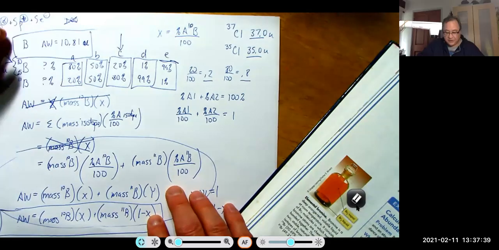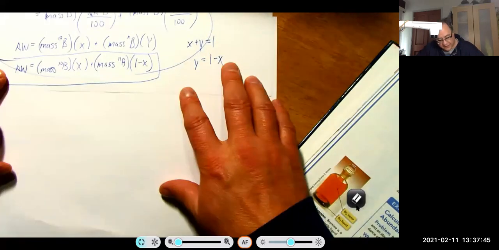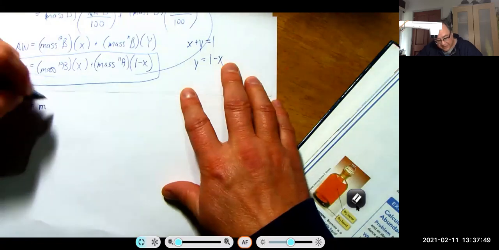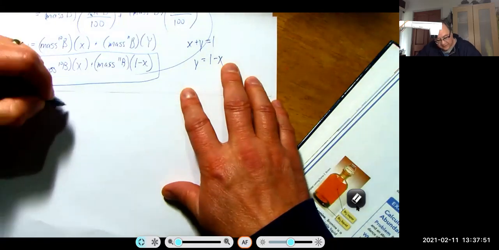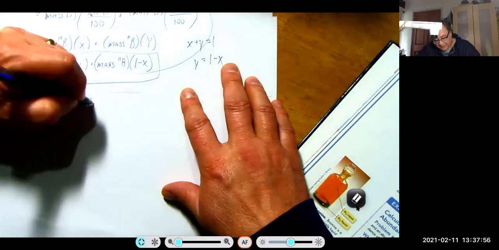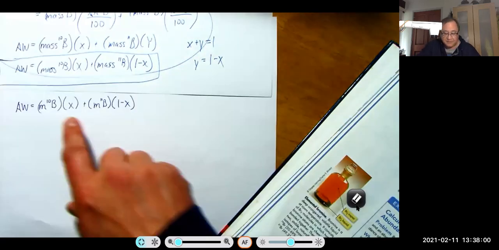So if you plug those numbers in, and we're not going to do that quite yet. We get the atomic weight is the mass of boron 10 times X plus the mass of boron 11 times 1 minus X. Do you see how I'm abbreviating mass of boron 10?